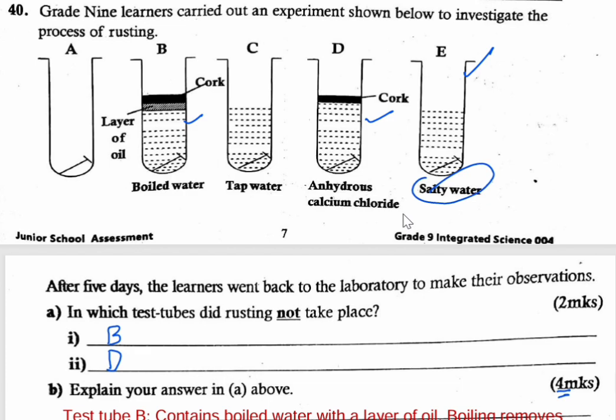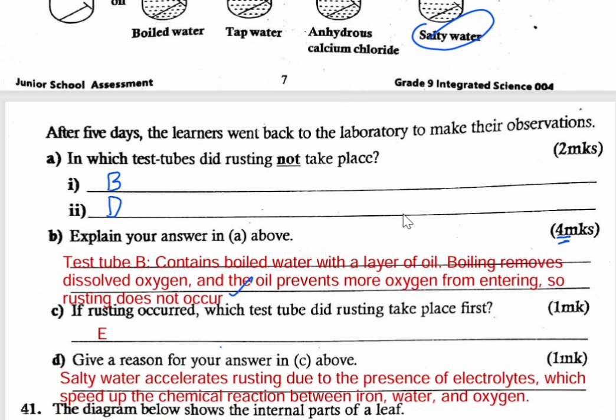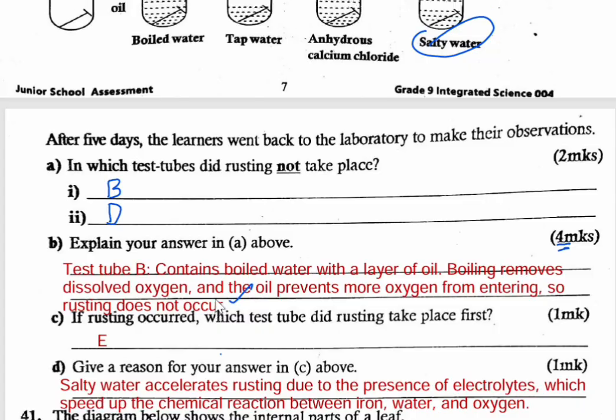And then, give a reason for your answer in C above, question number D. The reason is because salty water accelerates rusting due to the presence of electrolytes, which speed up the chemical reaction between iron, water, and oxygen. So when you see salty water anywhere, know that it's going to accelerate rusting, and therefore rusting will take place first in test tube E.